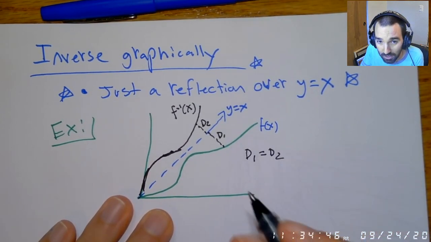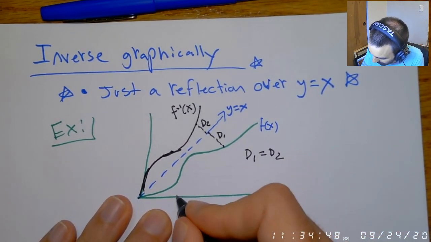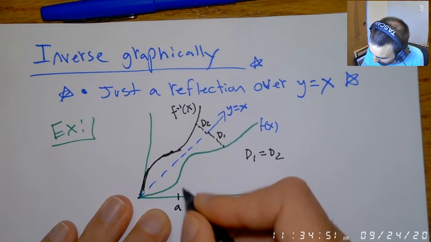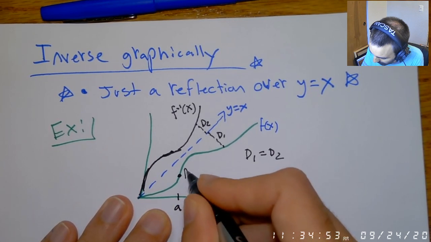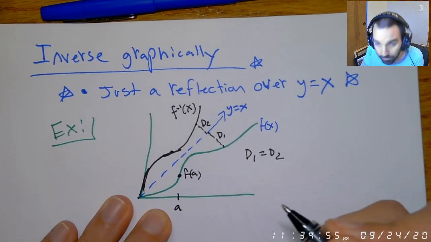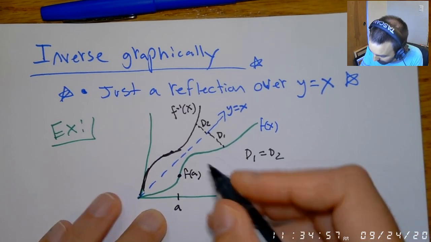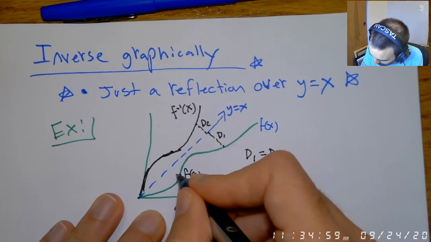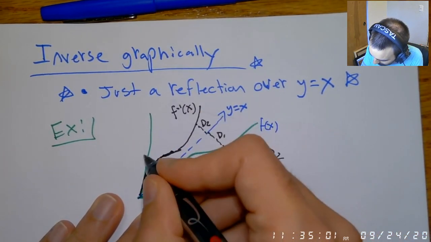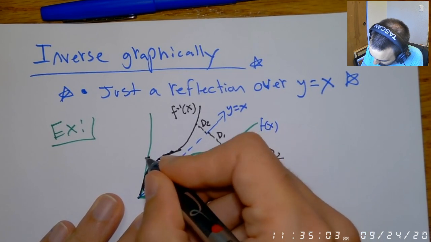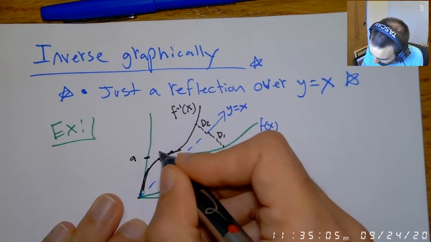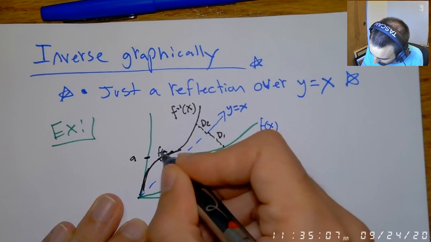Now, to do this in more of an algebraic way, let's say this point is a and this point is f of a. Okay, then that means that this point over here is f of a and a.